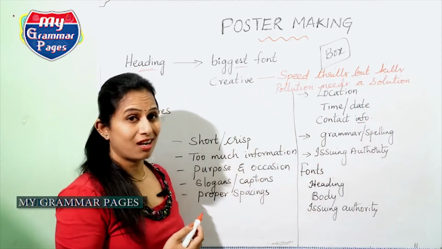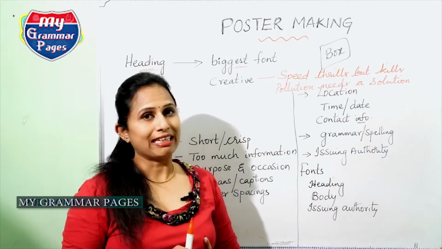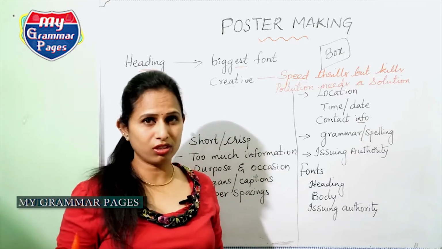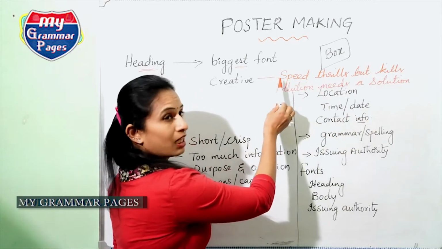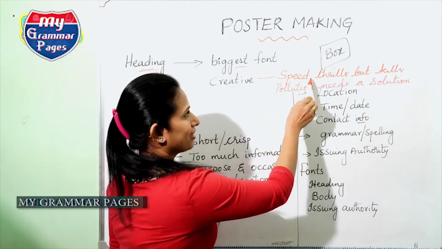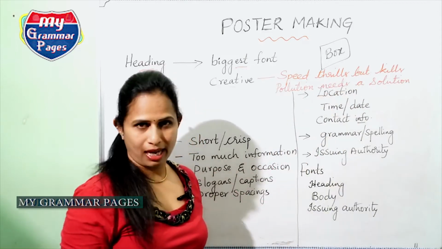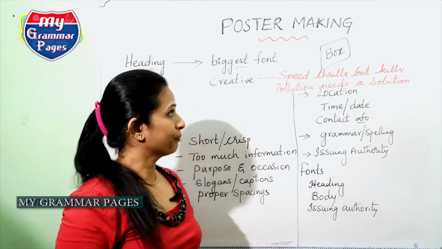Now, coming to the heading, it can be written either in capital letters in total, or else you can write in small letters keeping the first letter as the capital letter, or else you can take the first letter of each word in capital letters. It is completely out of your own creativity.